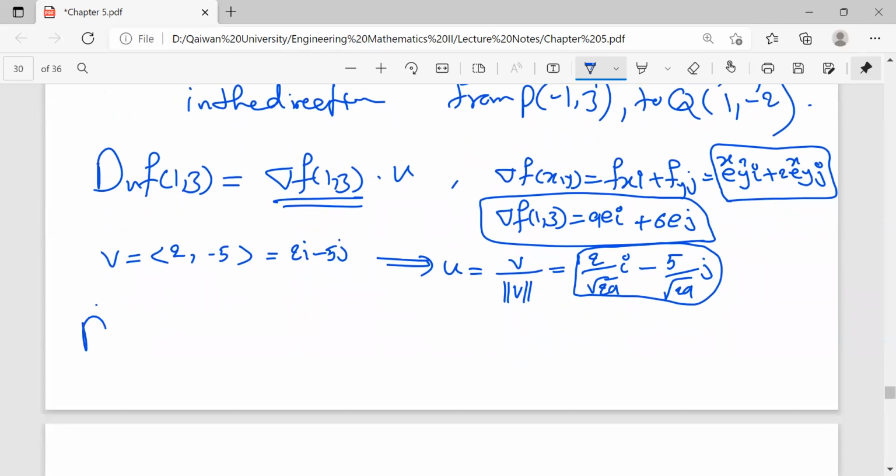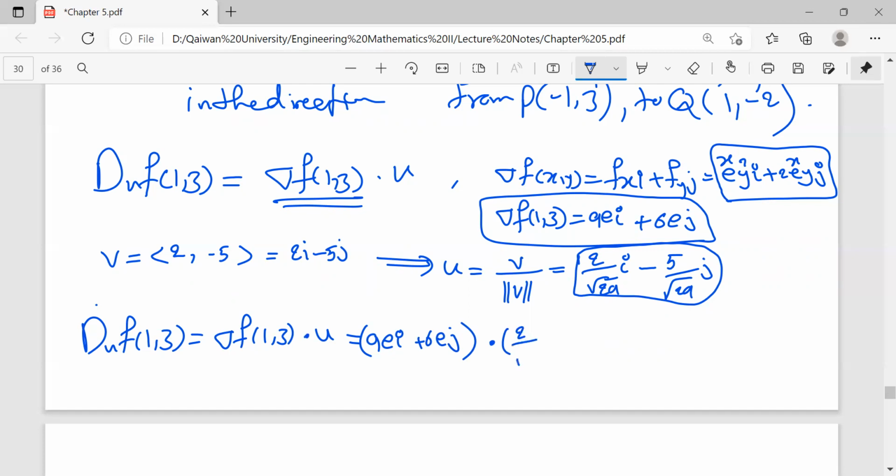We say Duf at the point 1 and 3 is the gradient vector at the point 1 and 3 dot u. The gradient vector is 9e i plus 6e j dot u. u is 2 over square root of 29 i minus 5 over square root of 29 j.